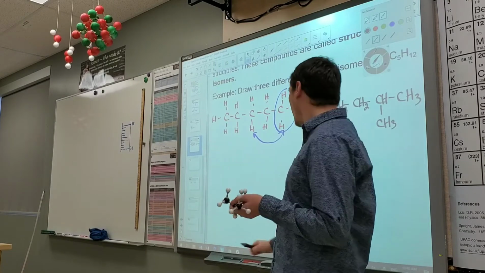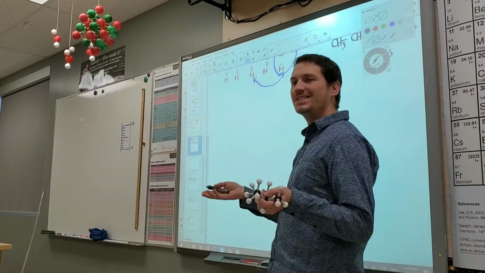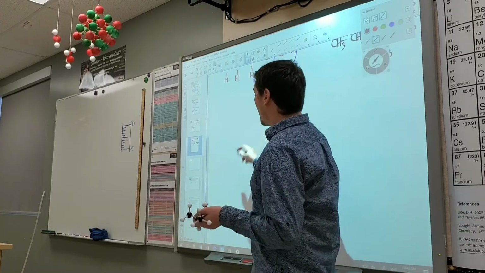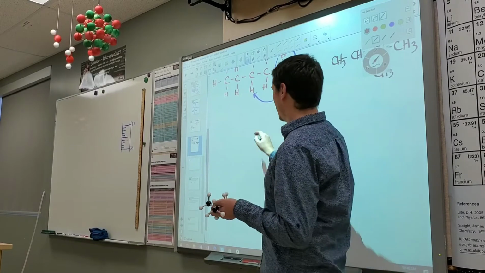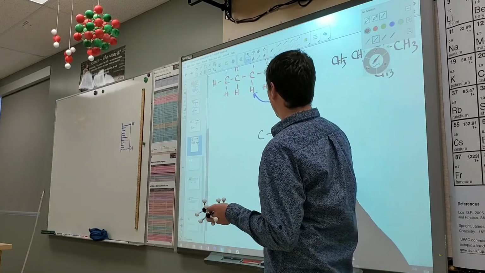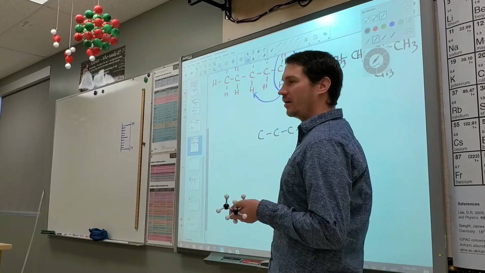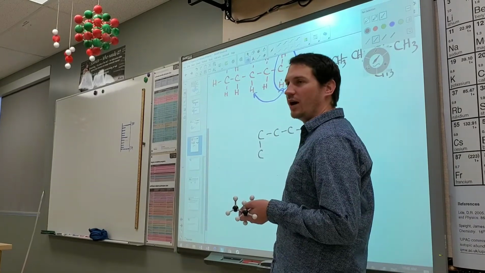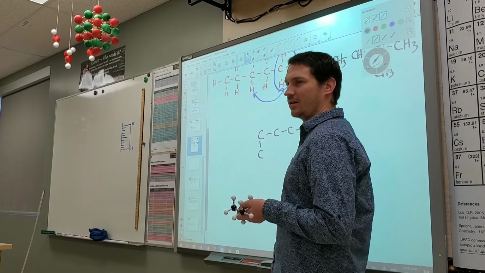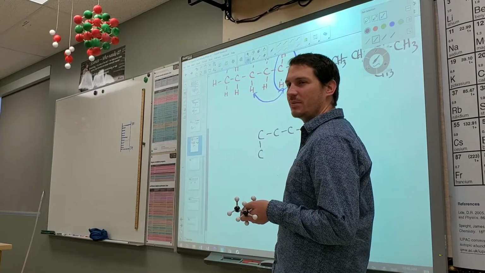So, okay, let's draw it and let's see if there's a difference. So, when I take this and swap it there, how many carbons in my parent chain? 4. And then what's attached to that first carbon? So, how many carbons in my parent chain? 5. Does that make sense?